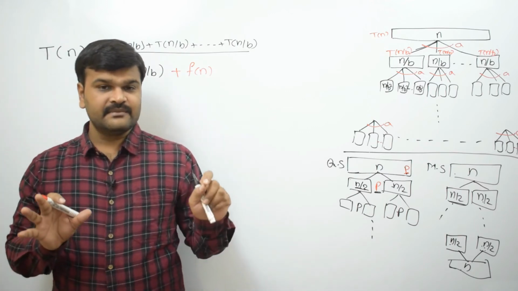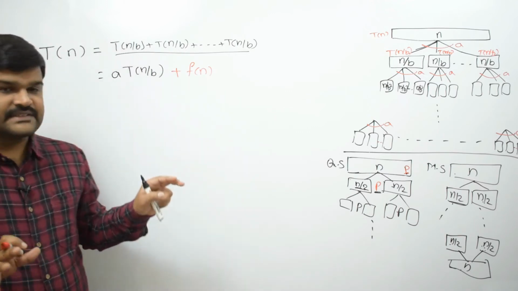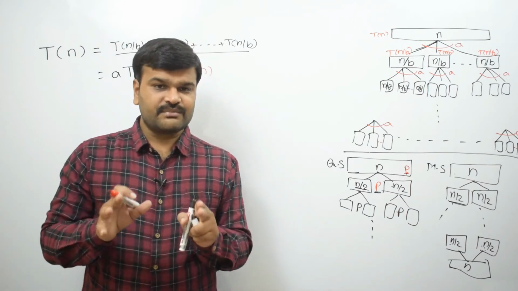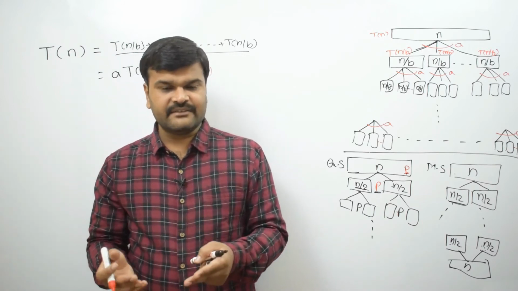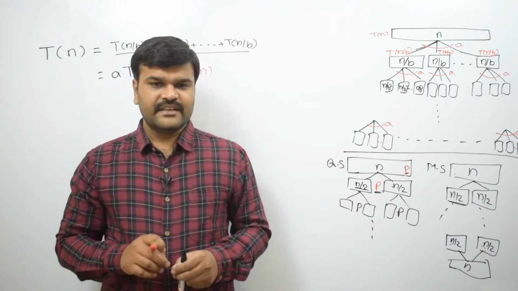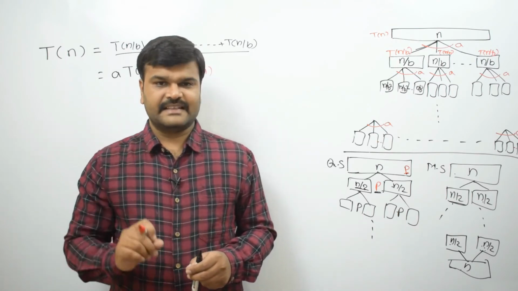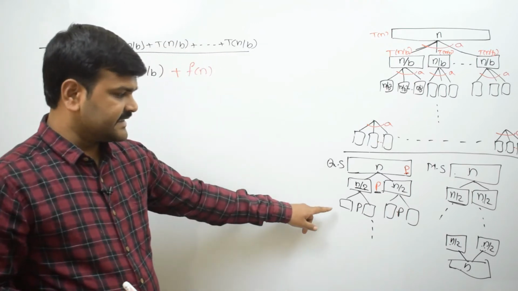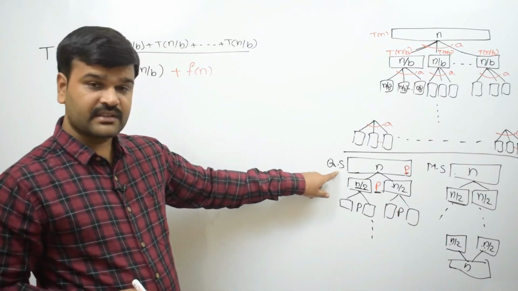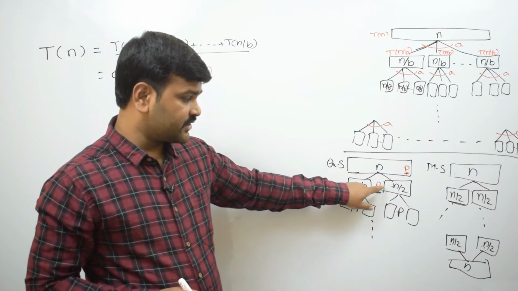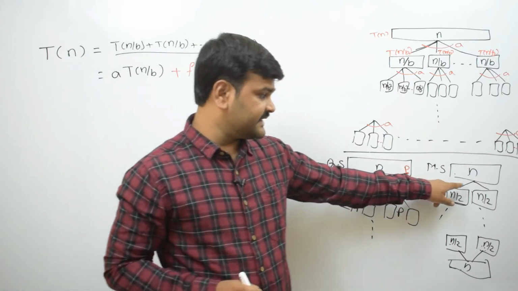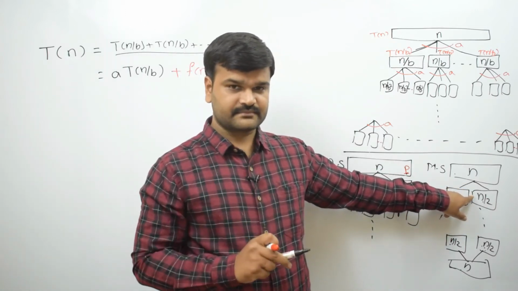Understanding the master theorem general equation is very important. Of course, you can apply the master theorem directly without knowing the meaning also. If you know the meaning, the concept depth will definitely become very clear. In case of quicksort, division will take some amount of time, but here division will take constant amount of time.